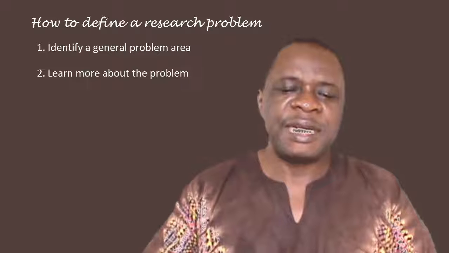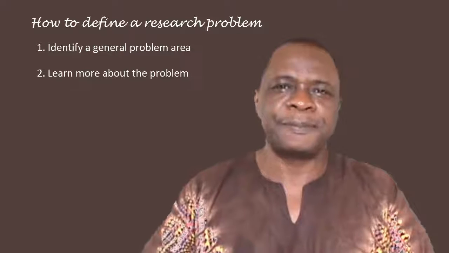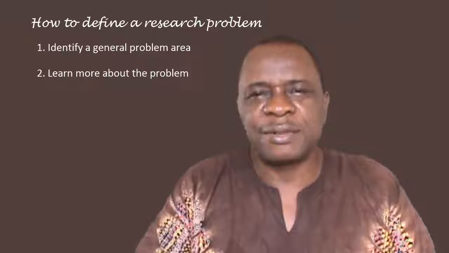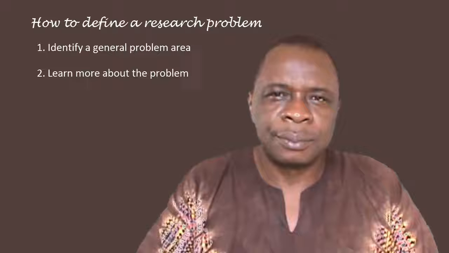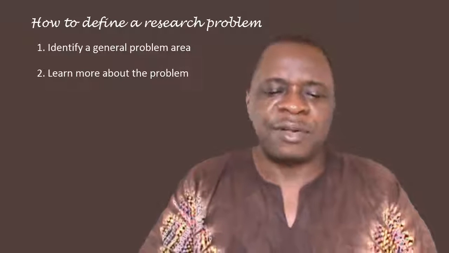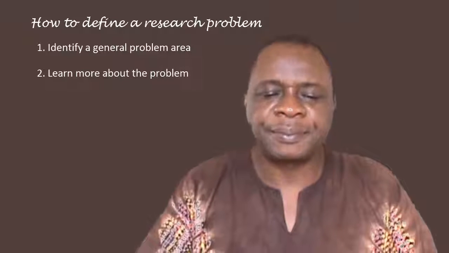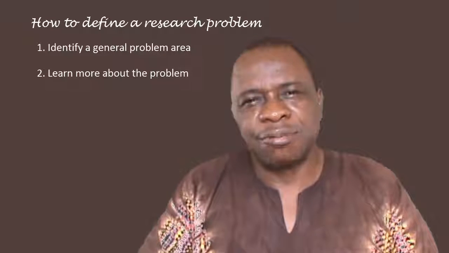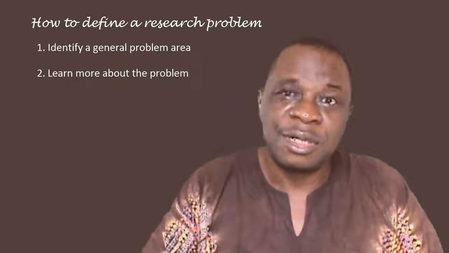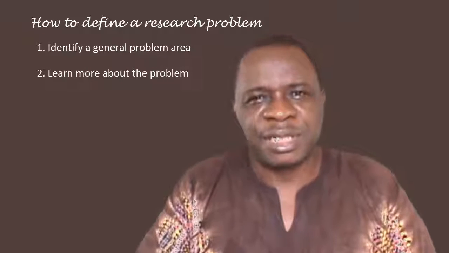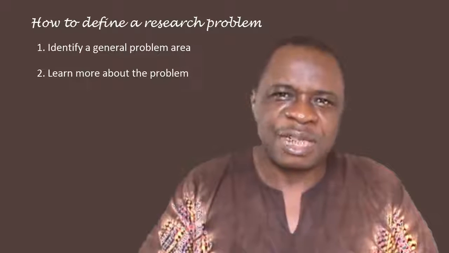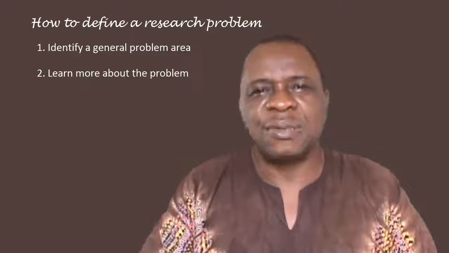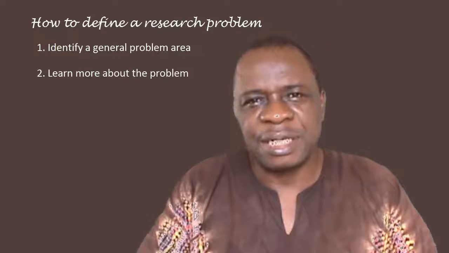Now, in identifying the problem area, you start by identifying what you would like to focus on. Of course, depending on your program or field of study, the problem you would like to focus on may be a practical problem or it may be theoretical in nature. Sometimes the problem may relate to trying to understand why a certain situation exists.